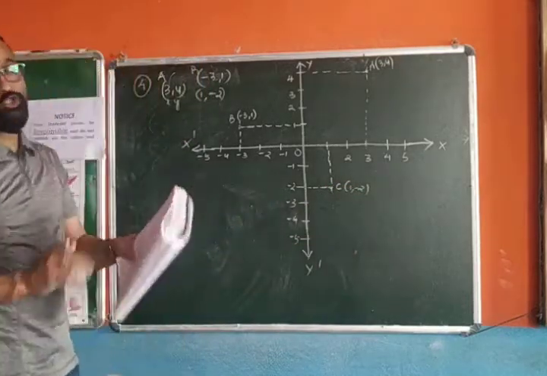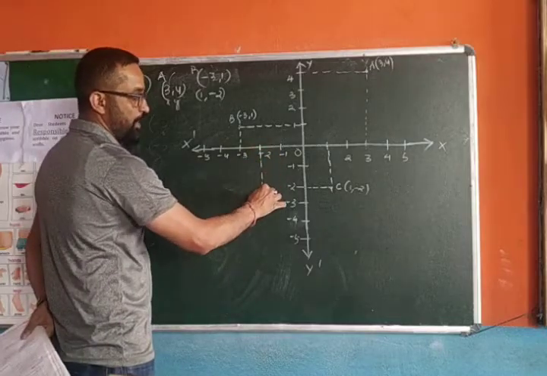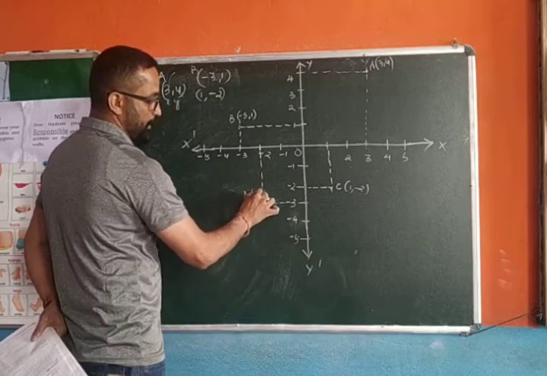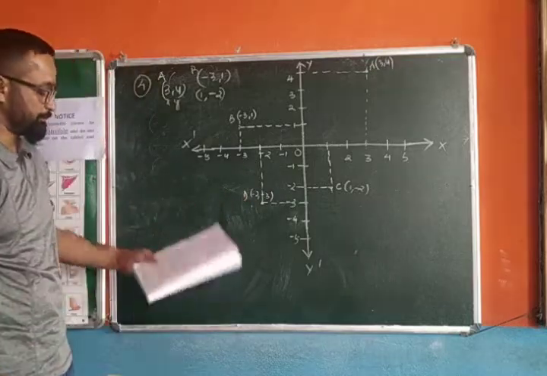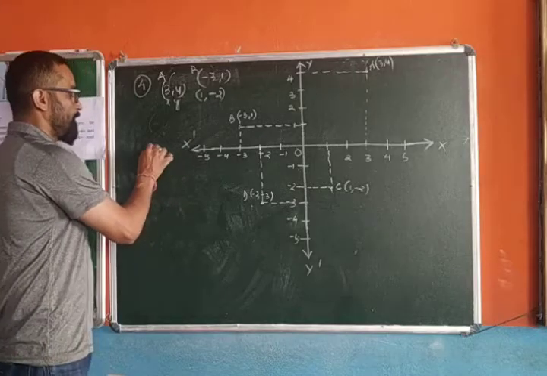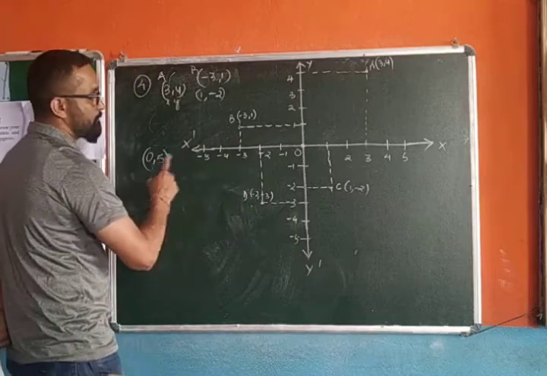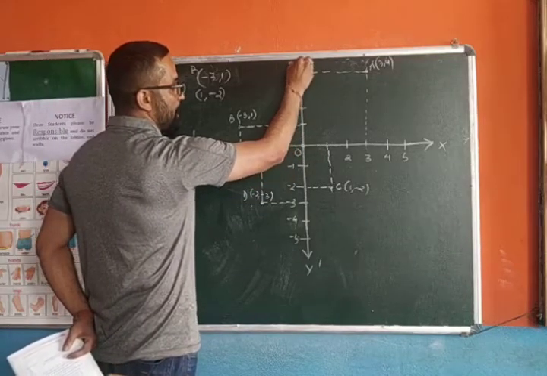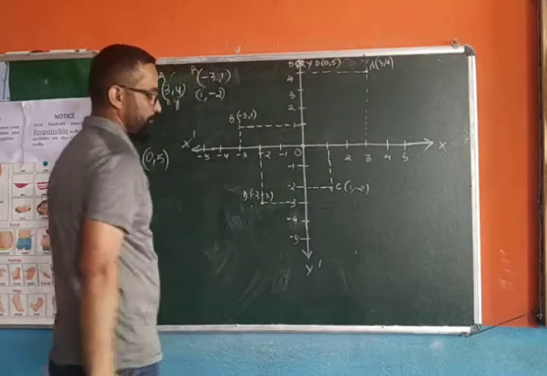Then you have -2, -3. X is -2. Y is -3. D, -2, -3. Write down the coordinate at the intersection. 0, 5. X is 0 means at the origin. Y is 5, so you move up 5. Mark a point. This is D, 0, 5.